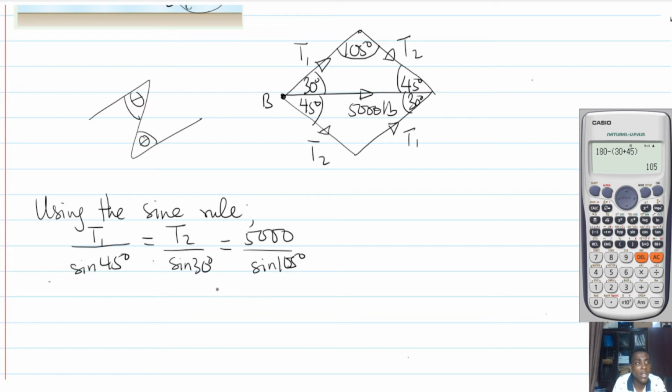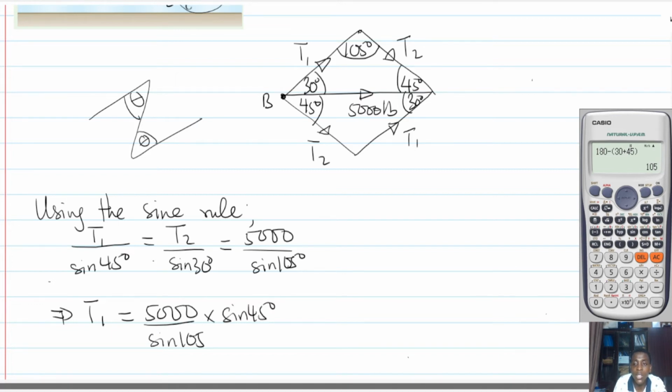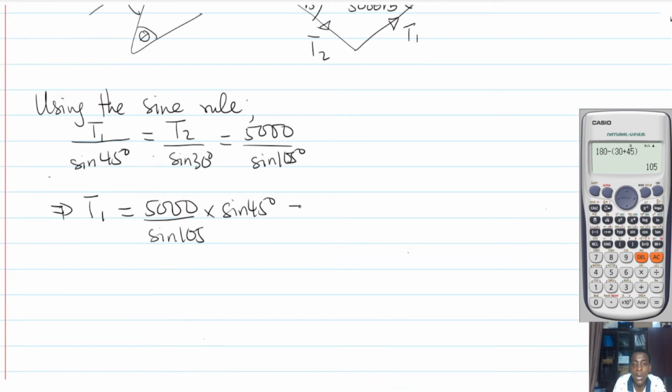After writing this, if I want T1, it's just going to be 5,000 divided by sine 105, then multiplied by sine 45. By doing this, I can get T1.